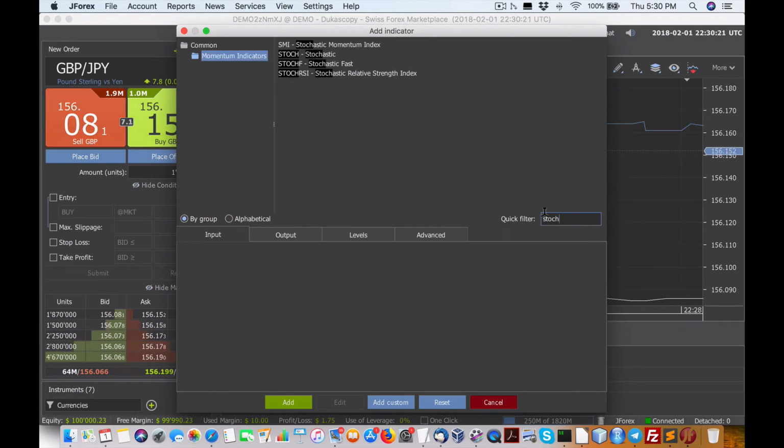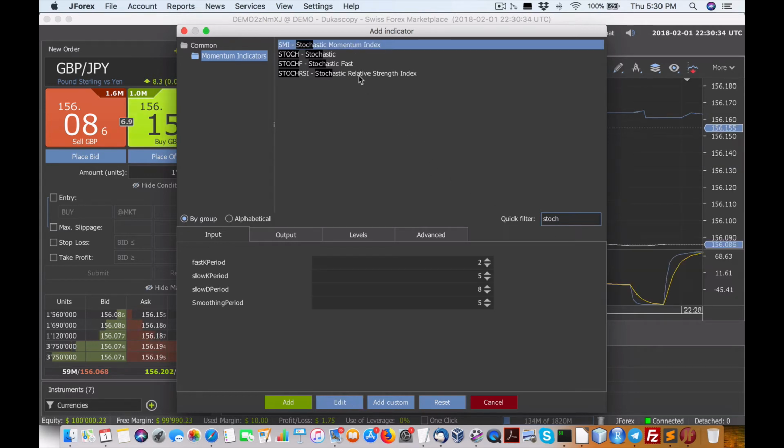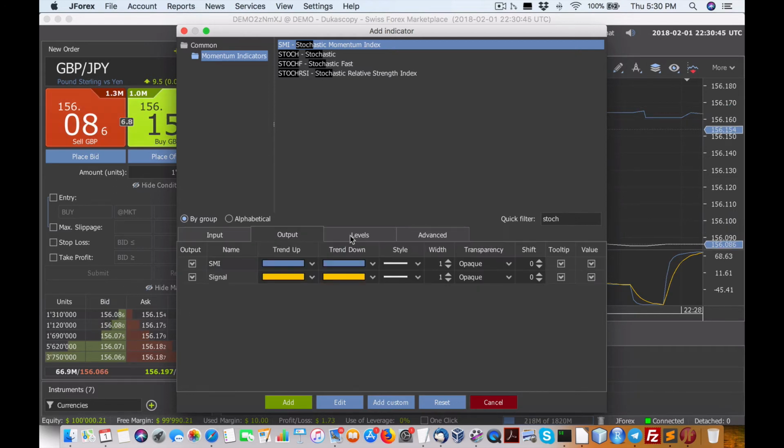So we have a stochastics momentum index, fast, and relative strength. Why don't we try all of them? Okay, so we don't have an indicator. Let's try the momentum. Just use the default. Need to make sure that because I'm using minute or tick, it should not matter on these parameters, I hope.